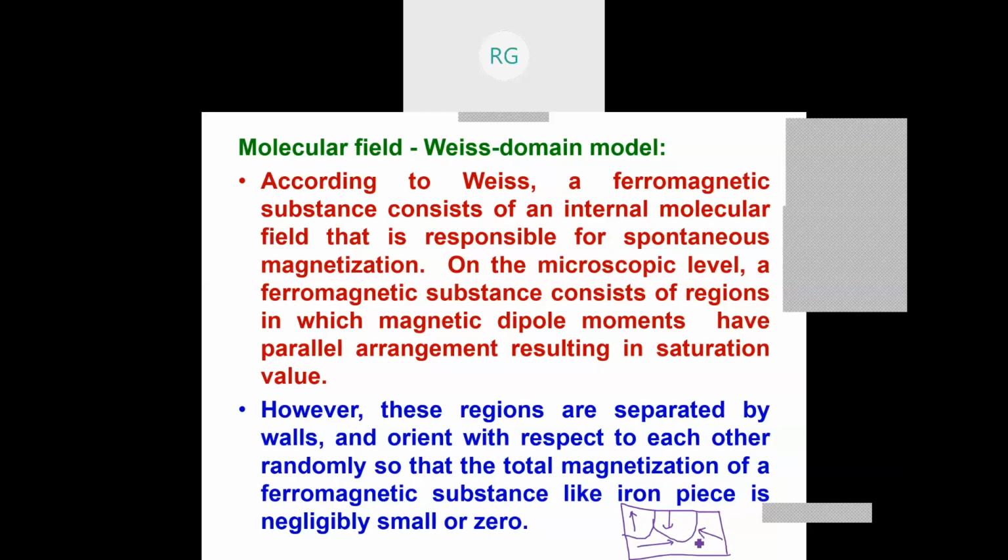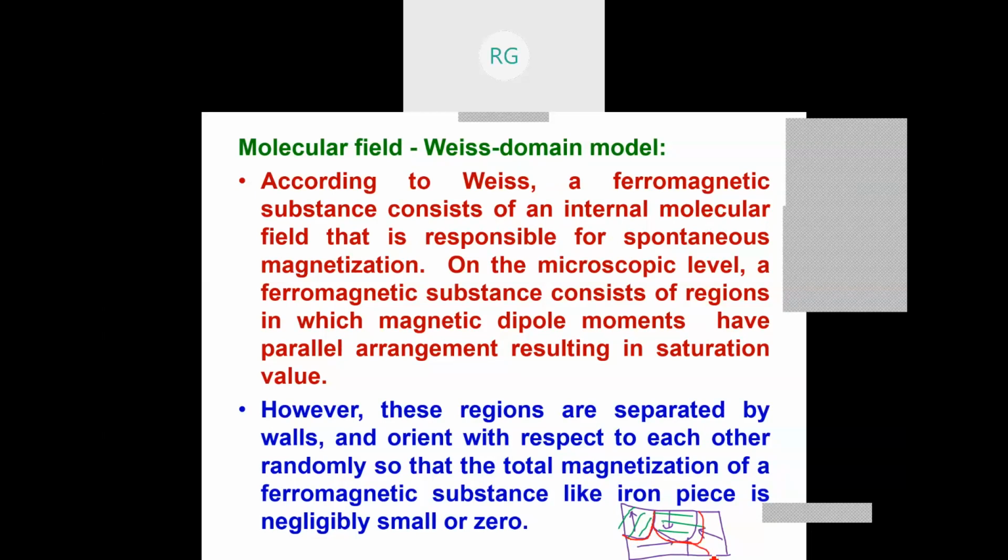If I step out from this first region and move in this direction, all of these are in the same direction, but this region is in this direction. These two are separated by a boundary, and this boundary is called a domain wall. This is the domain wall. This is a domain. This is another domain.